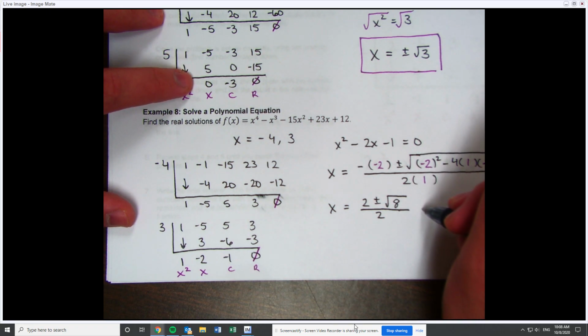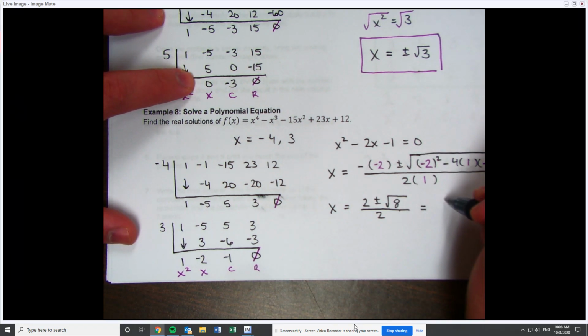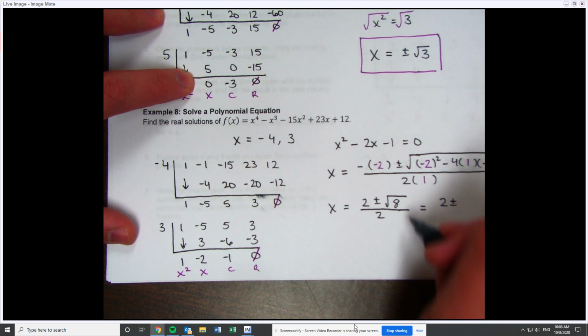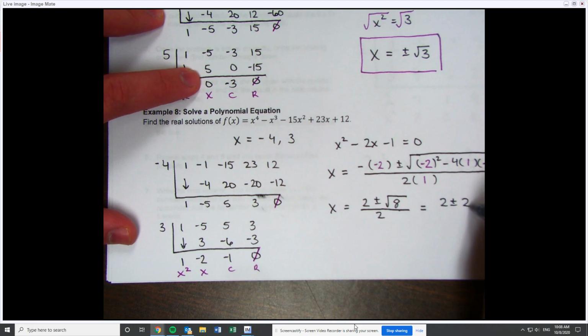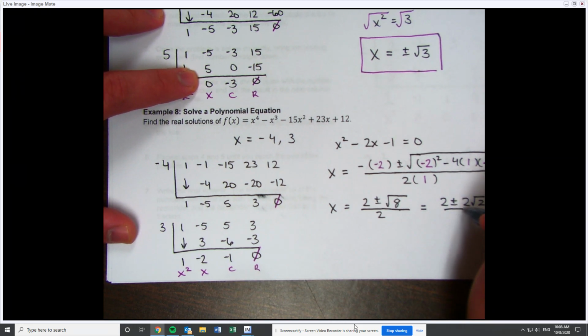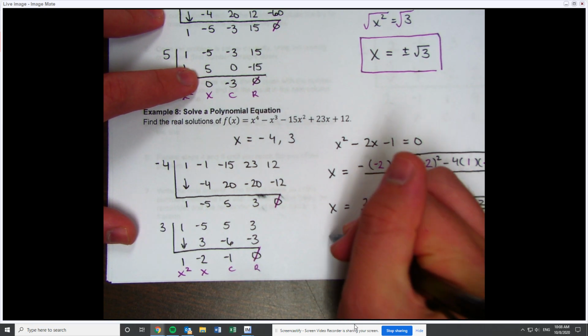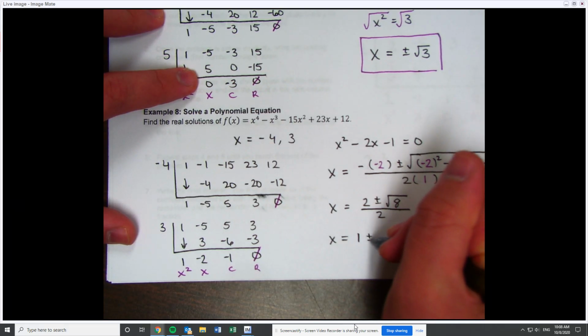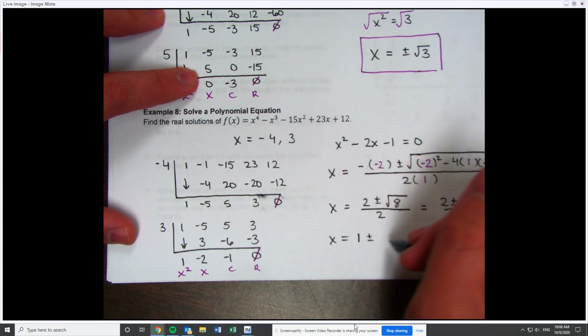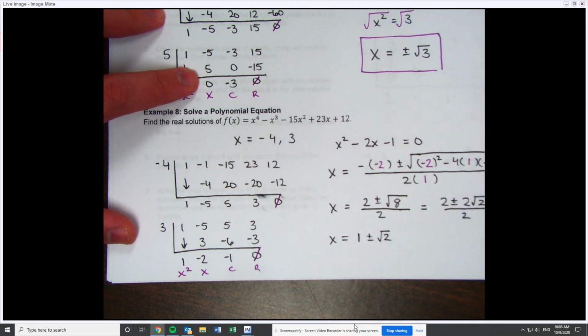Now 8 can reduce, so that's 4 times 2. Square root of 4 is 2. Now I see I can divide these. So dividing those, I wind up getting 2 divided by 2 is 1, plus or minus 2 divided by 2 is 1, square root of 2.